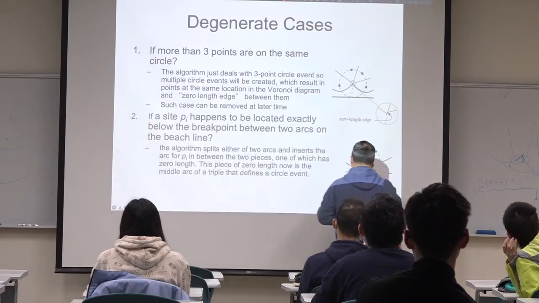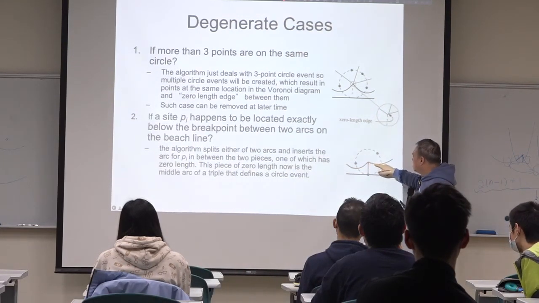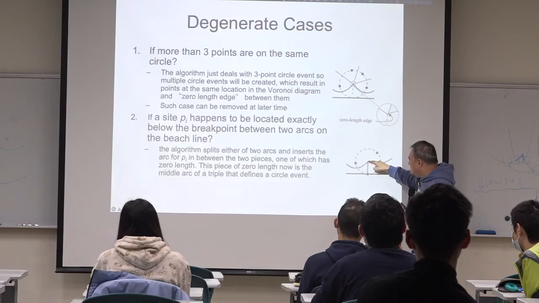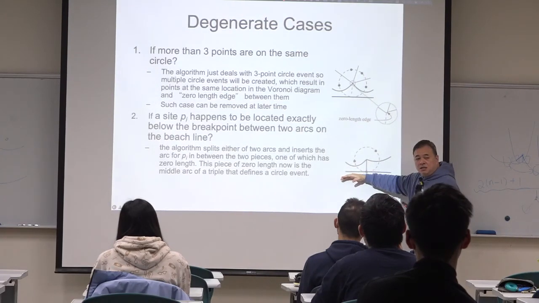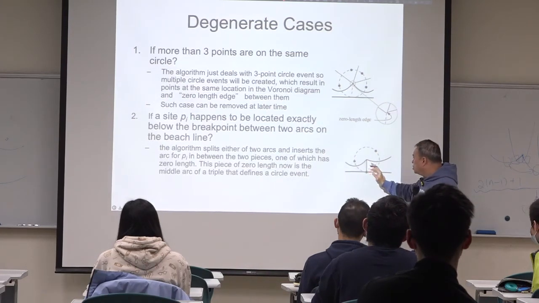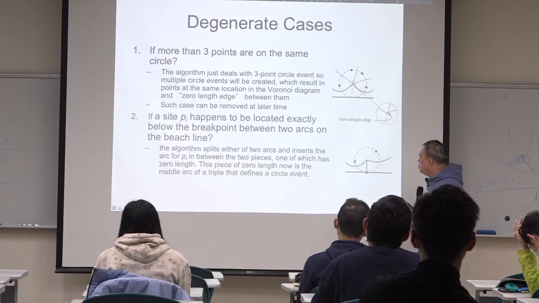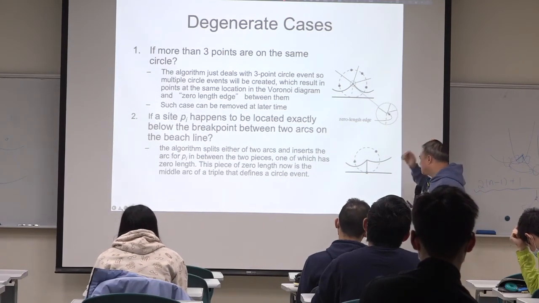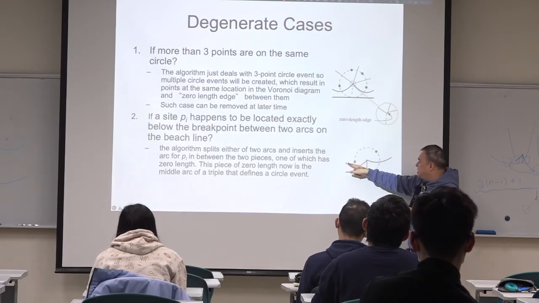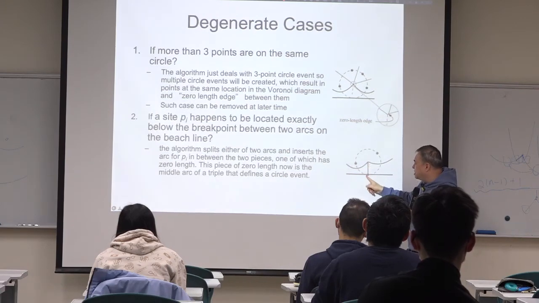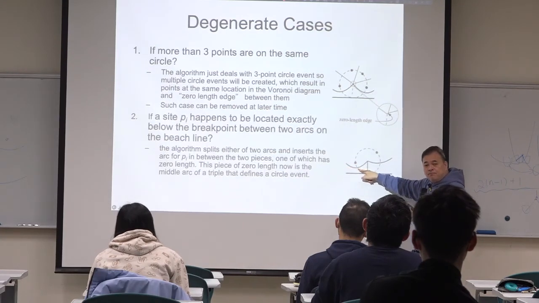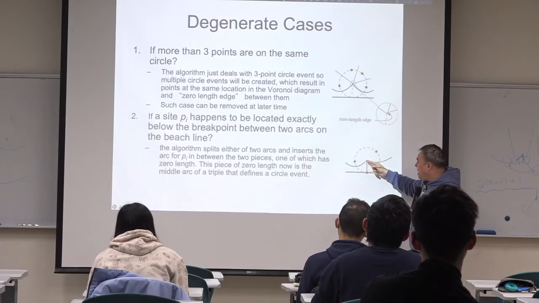Say these are the 2 arcs, and the joint is here, and exactly below this joint there's a site. What happens is that you are considering this site event to break this arc.